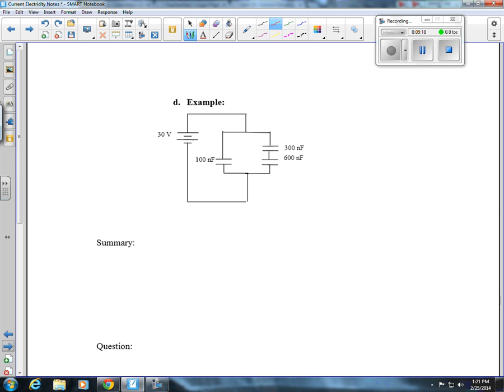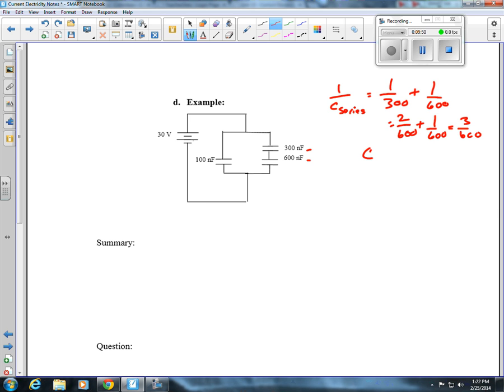Top of the next page, we have one more example. So for this one, now I have these two in series that are then in parallel with the 100. So I'm going to start out with the series rule. Remember, the rules switch from resistors. For resistors in series, I add them, but for capacitors, I do the 1 over rule. My common denominator for that would be 600, so 2 over 600 plus 600 is 3 over 600.